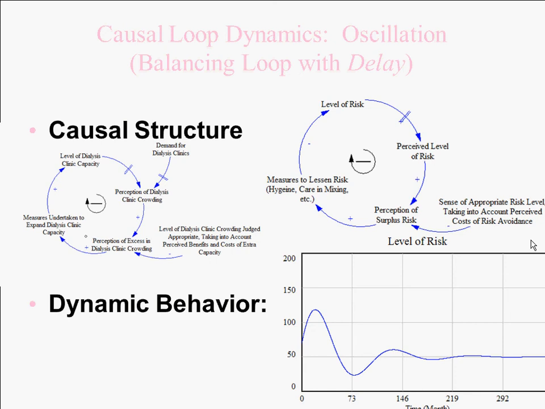There's a delay in the middle in terms of dealing with it, so that feedback doesn't catch up quite enough to lead it back into stasis. It actually overshoots and comes back, and eventually it will reach this sort of equilibrium, but it's often a damped oscillation. And in fact, people have shown that many common oscillations we see in practice result from delays associated with negative feedbacks. There are delays associated with time.